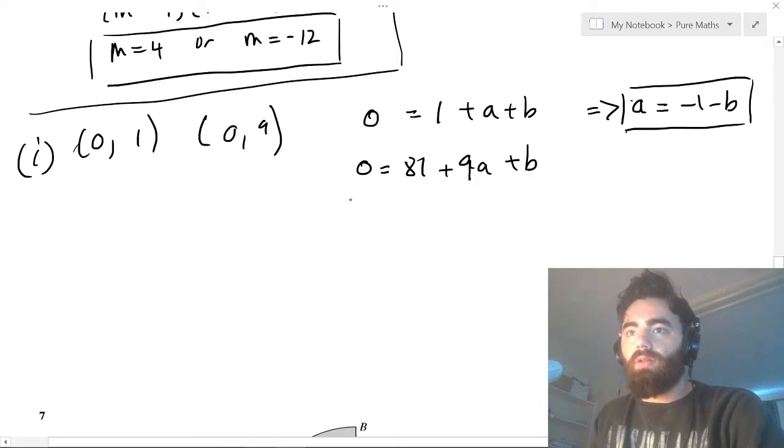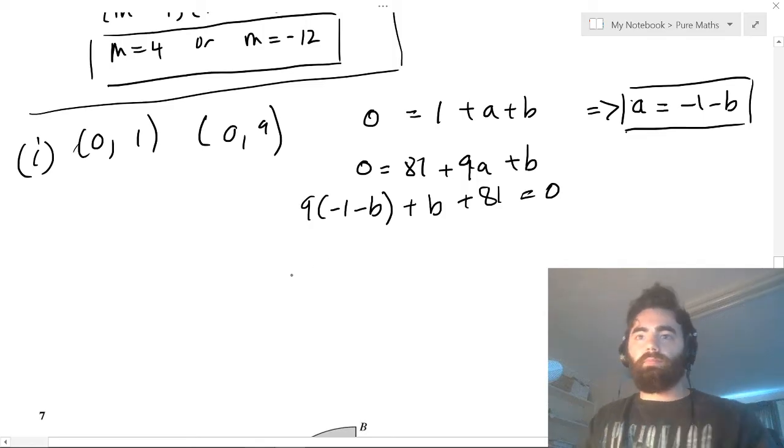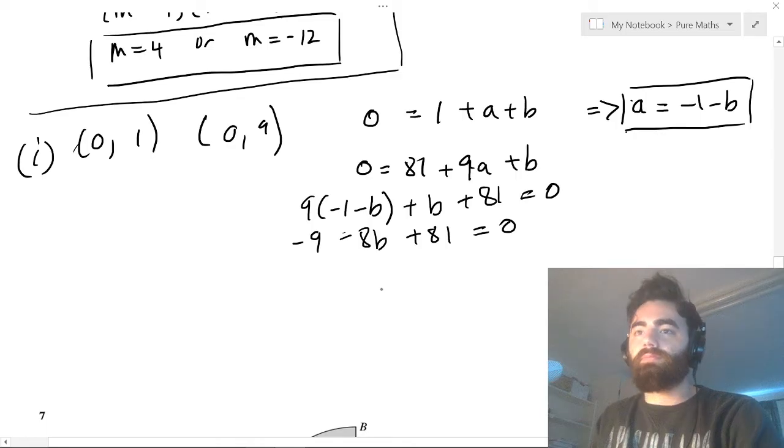So you've got 9 of minus 1 minus b. We're just substituting this into here. Plus b plus 81 equals 0. Well, this is minus 9 minus 9b plus b is minus 8b plus 81 equals 0.